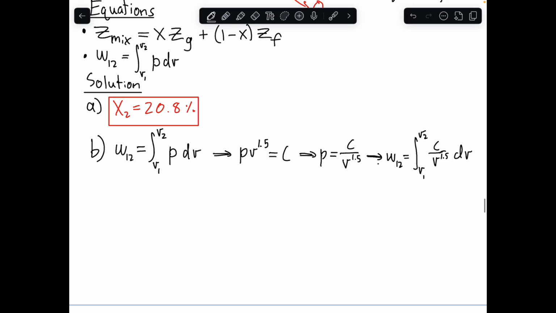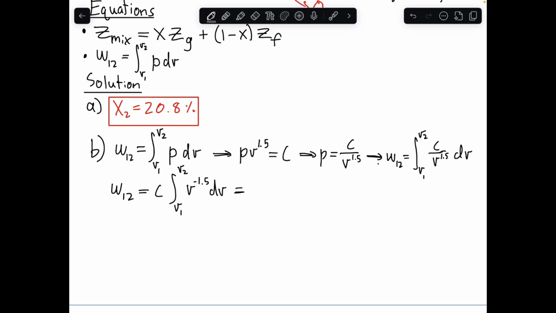Okay, now we can simplify this a little bit. We can actually take that constant C out of the integral because it is a constant. So now we're going to be integrating from V1 to V2, and I'm going to write this as V to the negative 1.5 dV, which is the same thing as 1 over V to the 1.5, because this is a little bit easier to think about, at least for me, when I'm doing integrals.